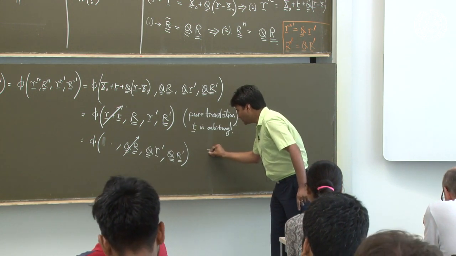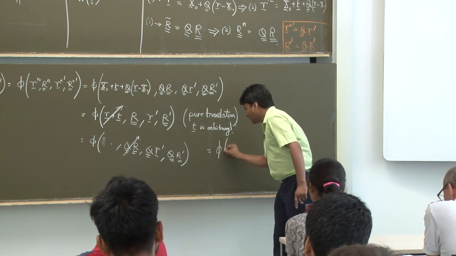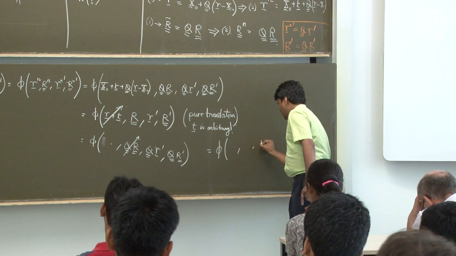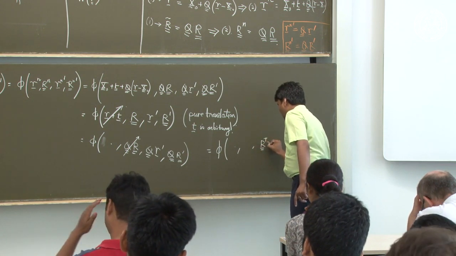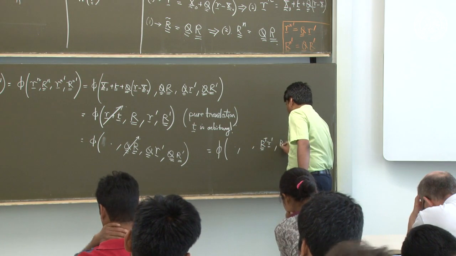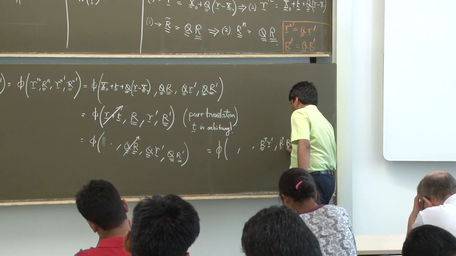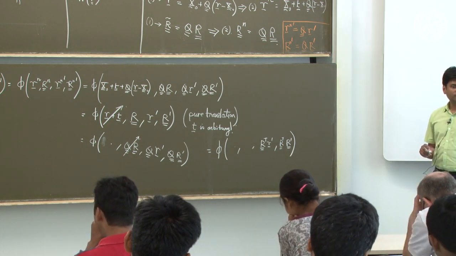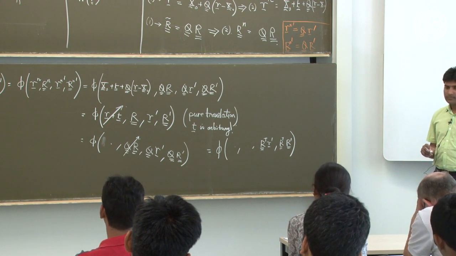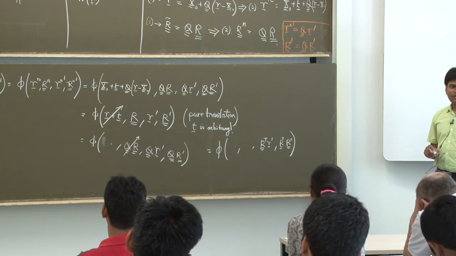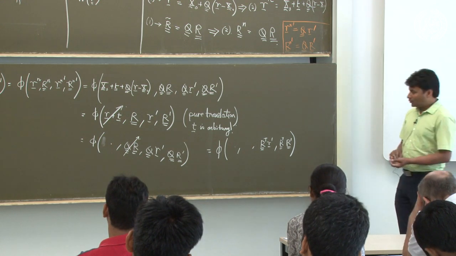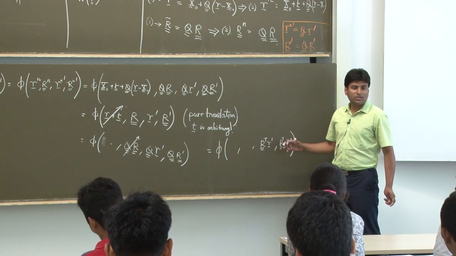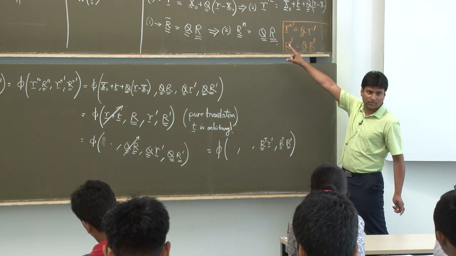And you can show that, taking q equal to R transpose, it should only depend on R transpose little r prime and big R transpose big R prime. So, these are basically your invariants. These are the invariants which do not change due to these rigid motions.